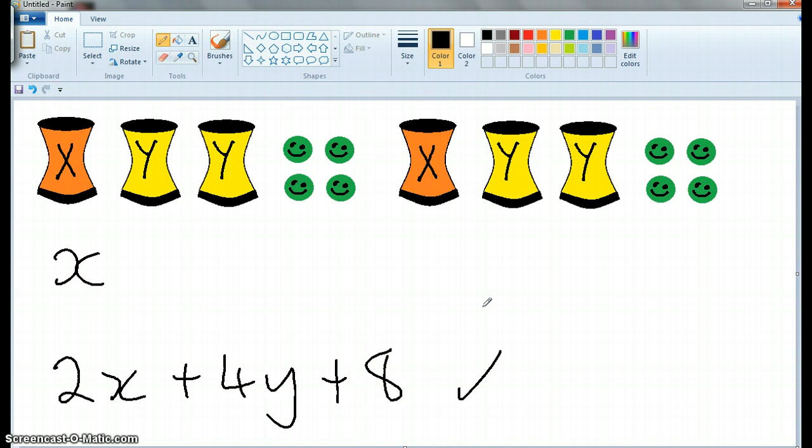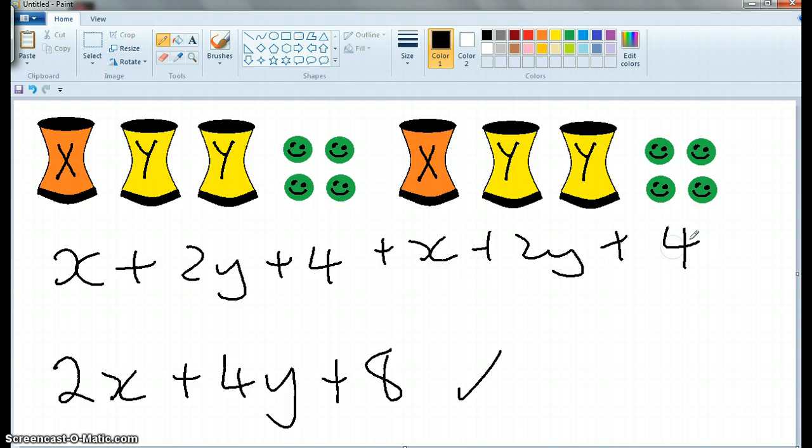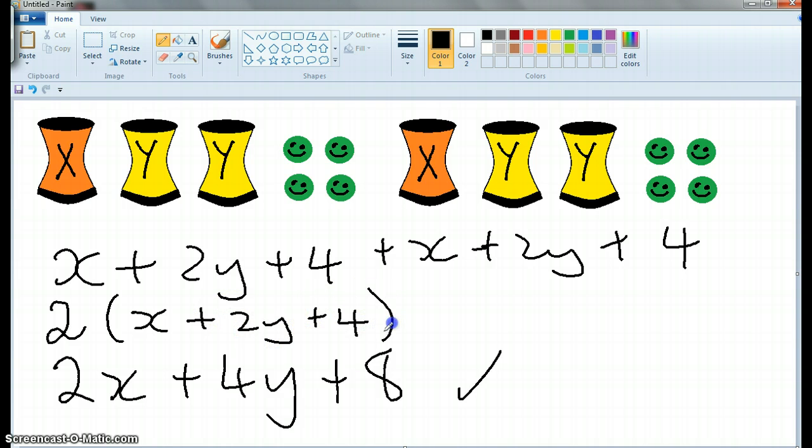Beautiful. Now, I could also say x plus 2y plus 4 plus x plus 2y plus 4. And the other way I could do it is say that there's 2 lots of x plus 2y plus 4.